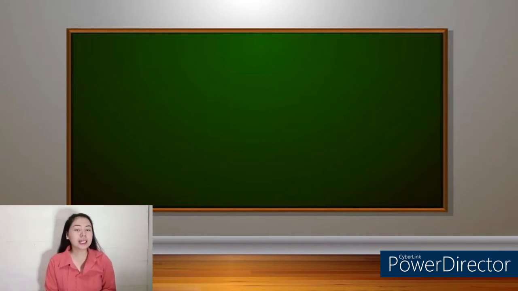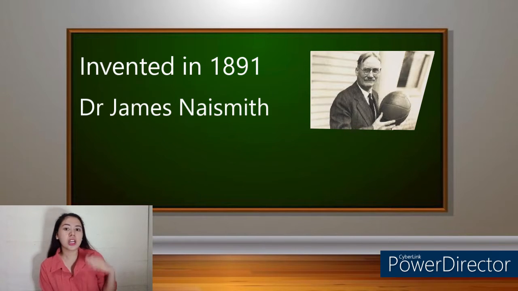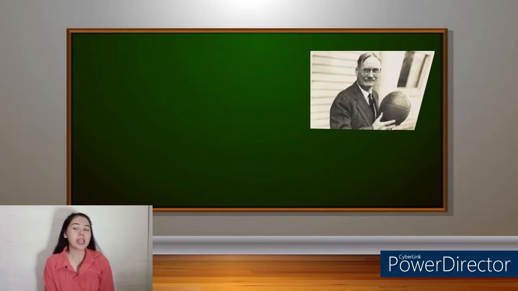First, I will discuss the history of basketball. Basketball was invented in 1891 by Dr. James Naismith, a Canadian of Scottish descent, at Springfield College, Massachusetts. That you can see, he is Dr. James Naismith.